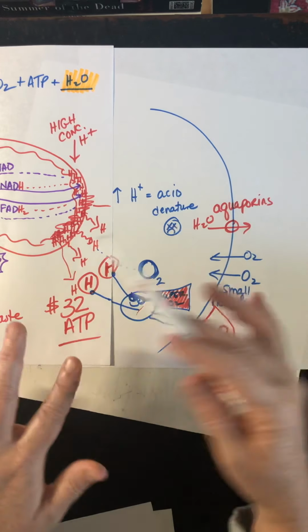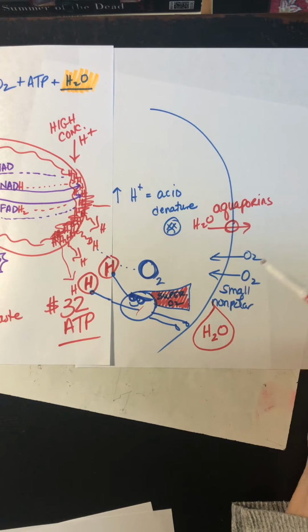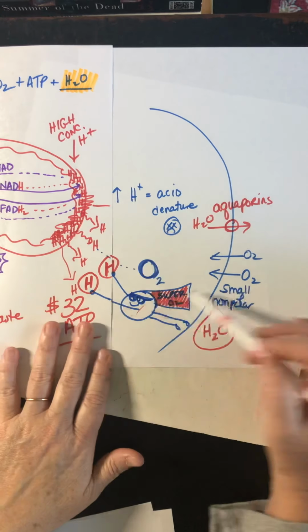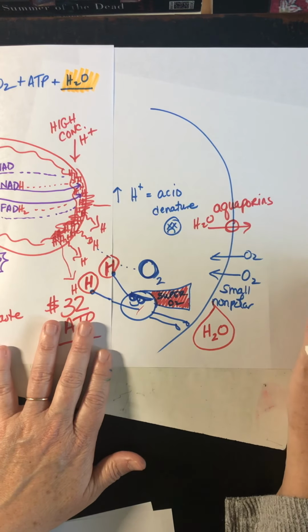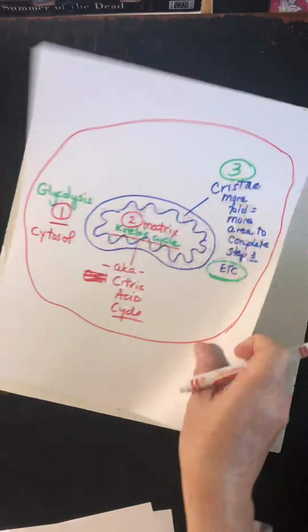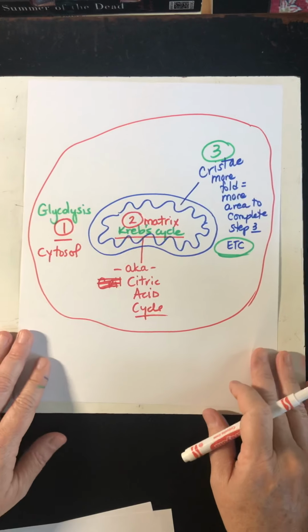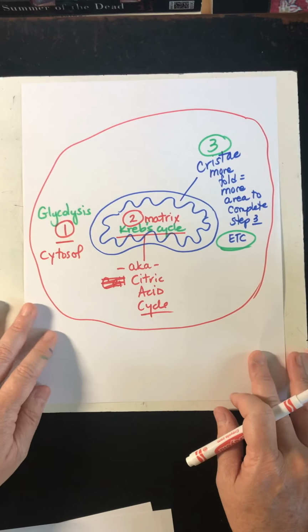And when it does, then all of your activities slow down. And so then your body can start breathing deeply, bringing in a lot more oxygen and helping your body recover from this. All right, so those are your 3 main steps, your 3 only steps of aerobic cellular respiration.